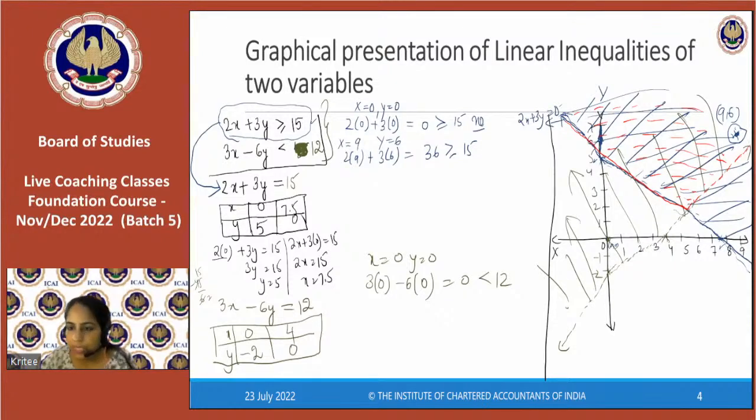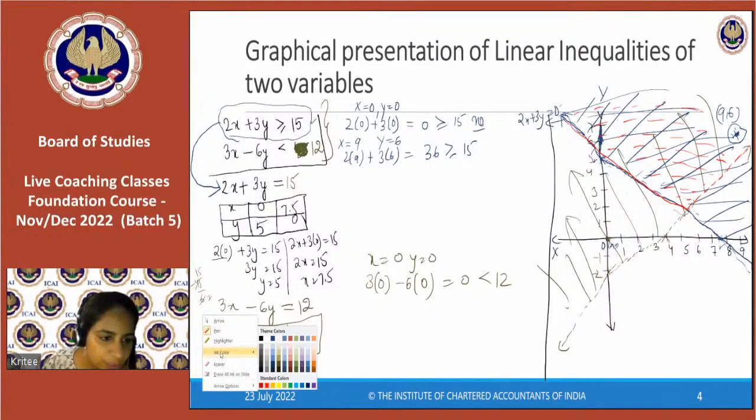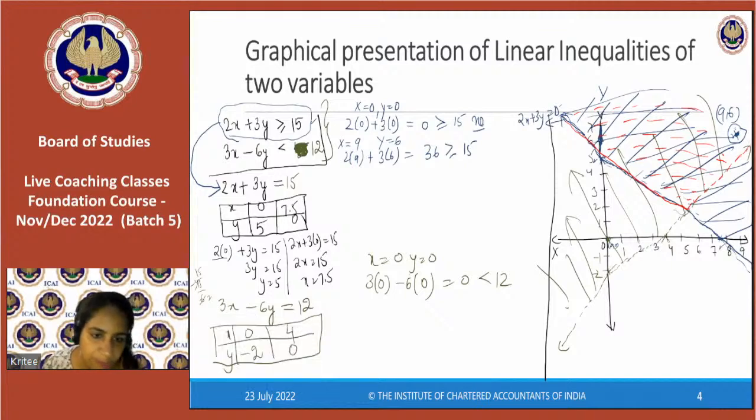So, okay, you are giving me this point. Are you giving me this point of 9,6? No, I don't think so. 9,6 is what? Acha, you want me to solve 9,6 also? Okay, I'll do 9,6 also. No problem. It's okay. So I take x equal to 9 and y equal to 6.